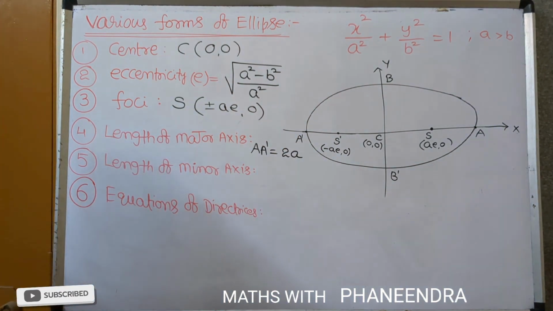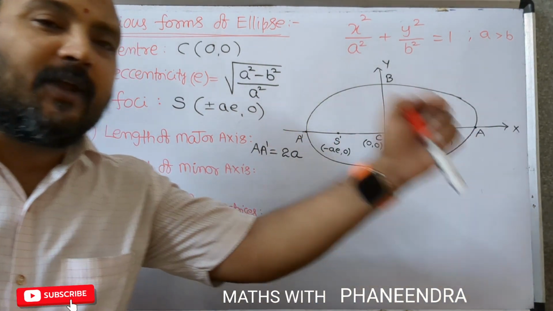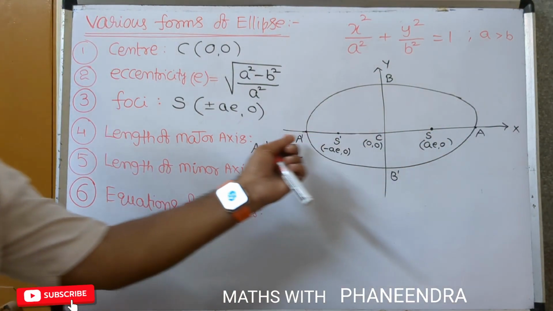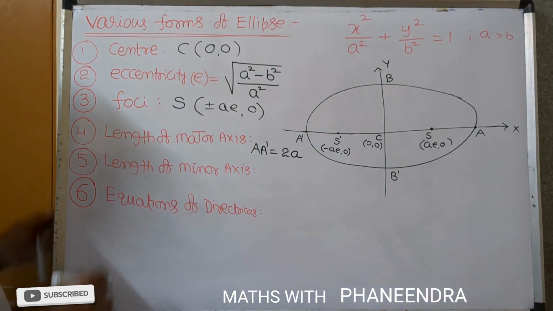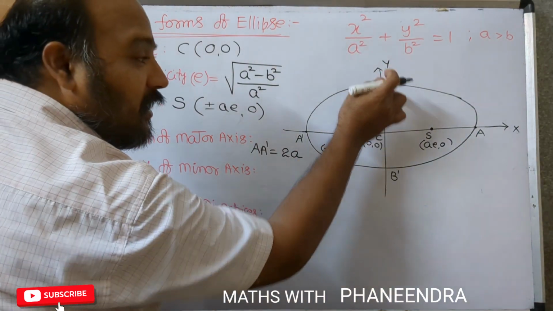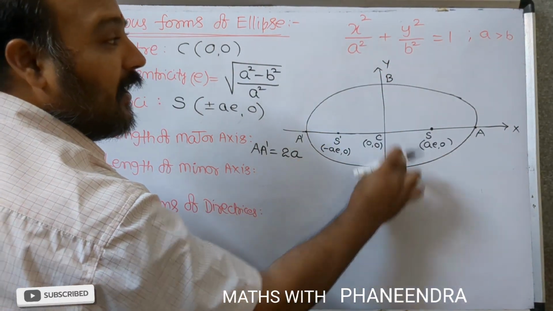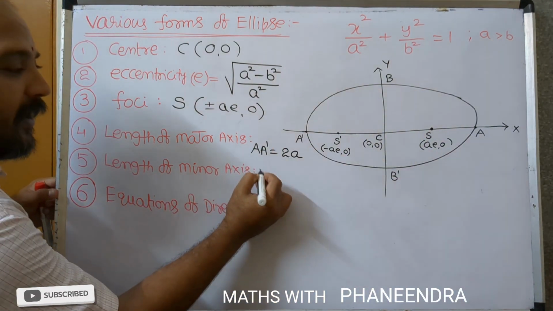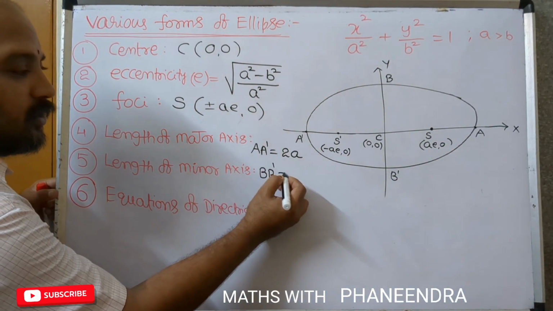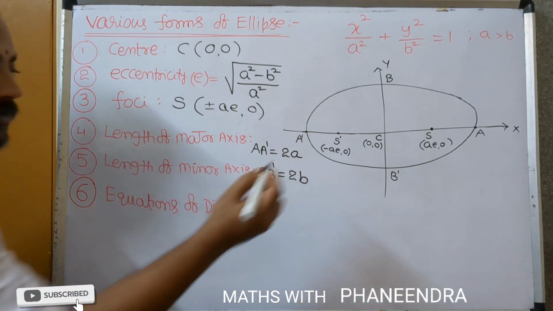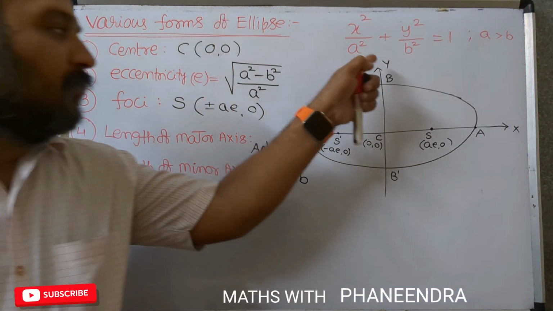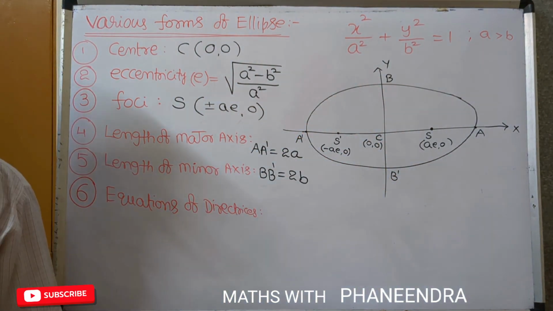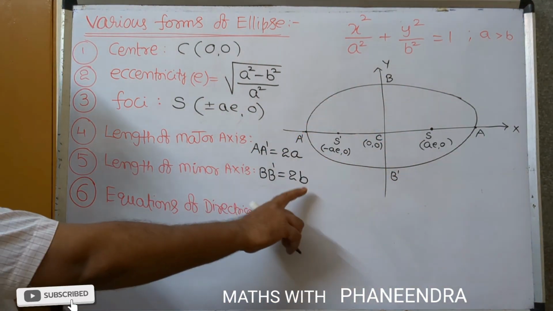So the length of the major axis is a plus a, 2a units. Next, the length of the minor axis: B dash is called the minor axis. From here to here it is b, and from here to here it is b, so the length of the minor axis is 2b.